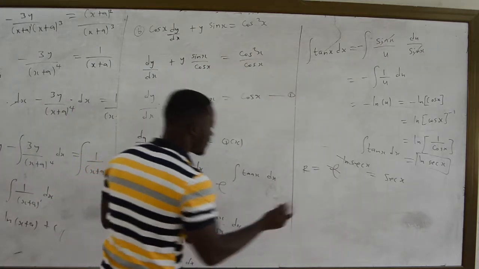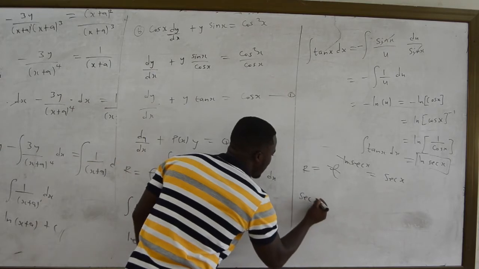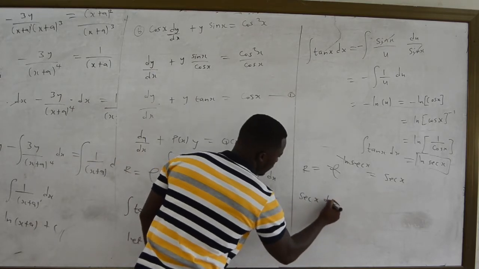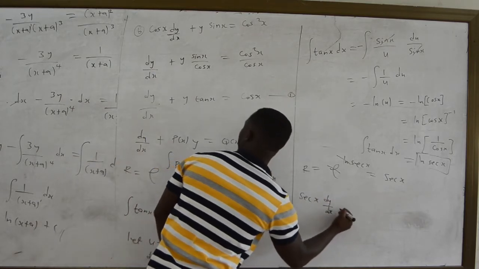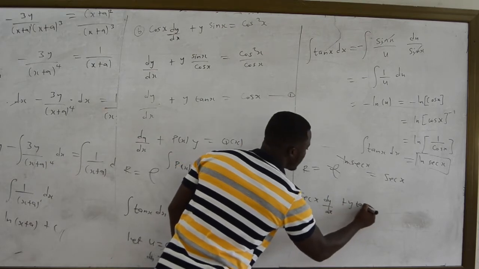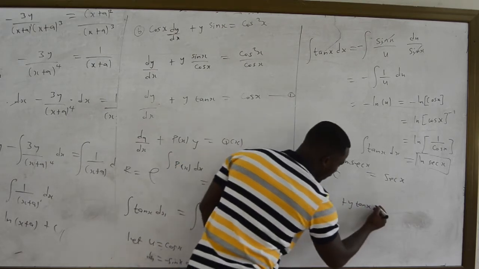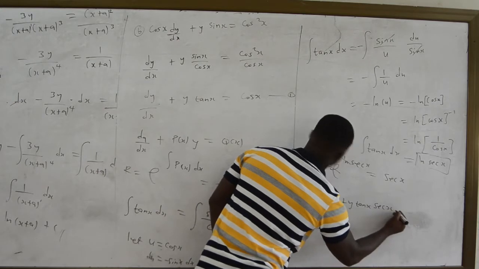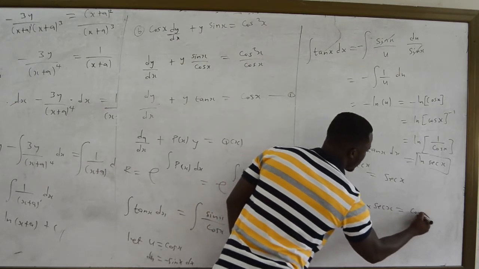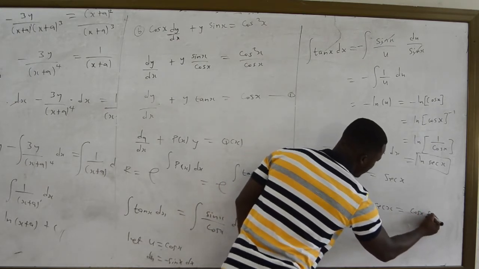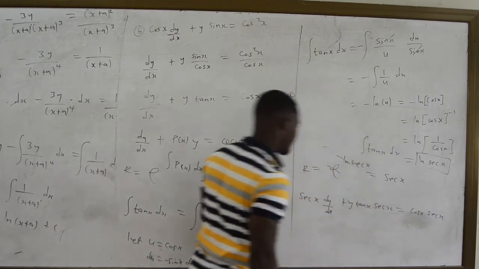Then I'll have sec x multiplied by dy/dx plus y tan x multiplied by my r, which is sec x, equal to cos x multiplied by my r, which is sec x.